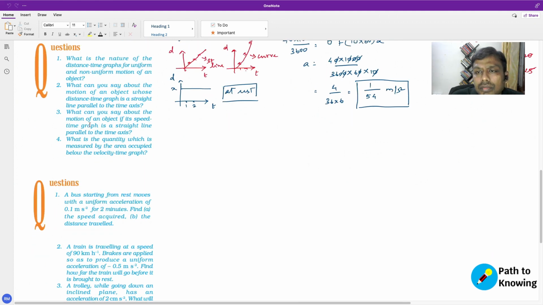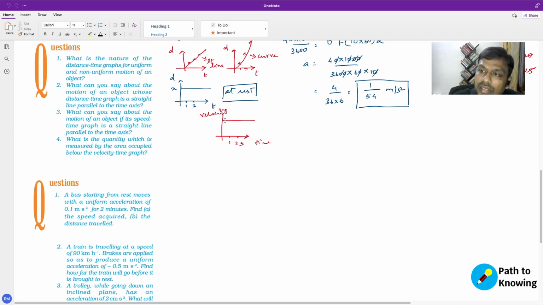What can you say about the motion of an object if its speed time graph is a straight line parallel to the time axis? Let's try to plot that out. Now we are talking about a speed time graph. When the velocity time graph is like this, it means that at every unit increase in time, the object is not acquiring additional velocity.